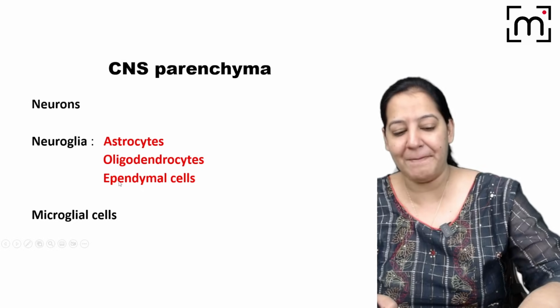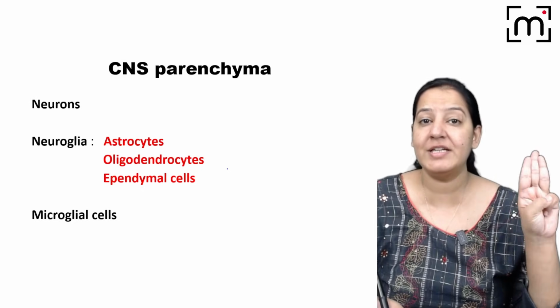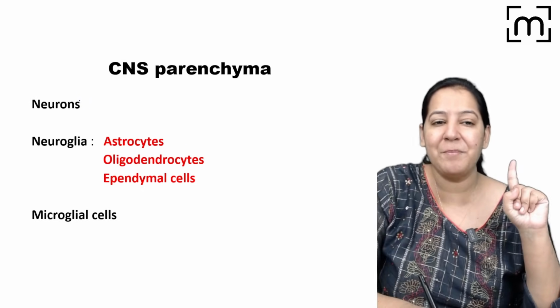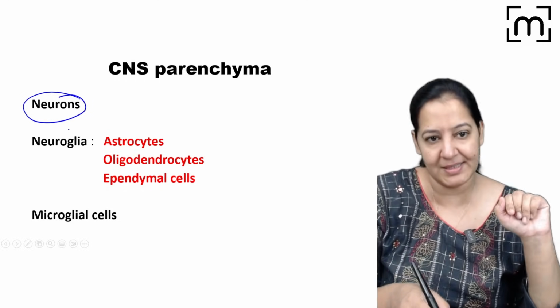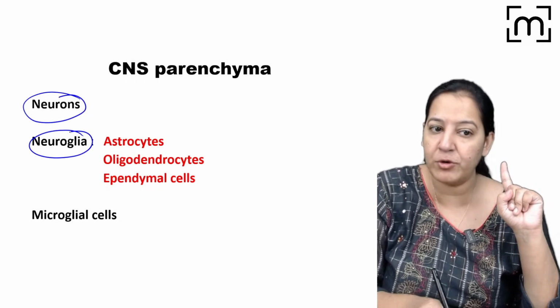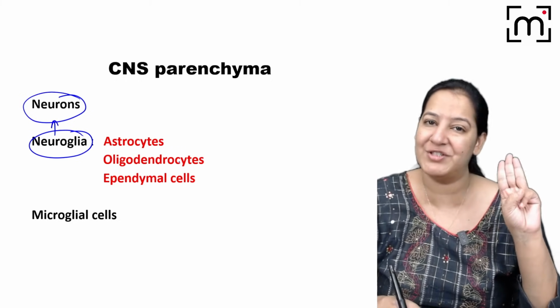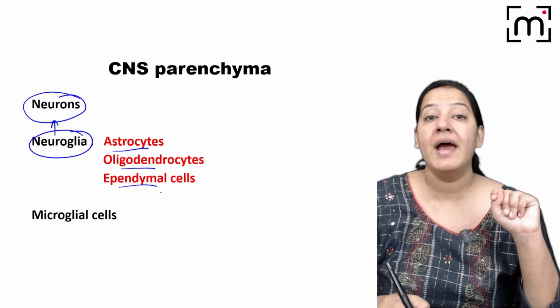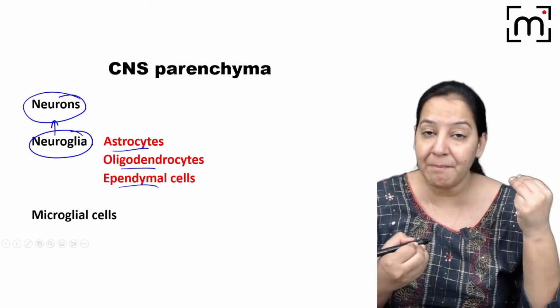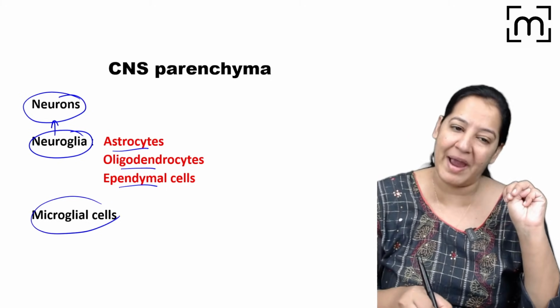So let's talk about the parenchyma. In the parenchyma, three types of cells are present. The most important cells are the neurons. Neurons are the most important neurotransmitter cells. The second type of cells, the supporting cells to the neurons, are the neuroglia cells, which are of three types: astrocytes, oligodendrocytes, and ependymal cells. And the third type of cells, that is the macrophages of the brain, are known as microglial cells.